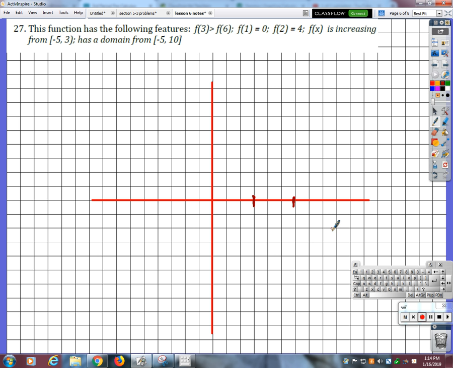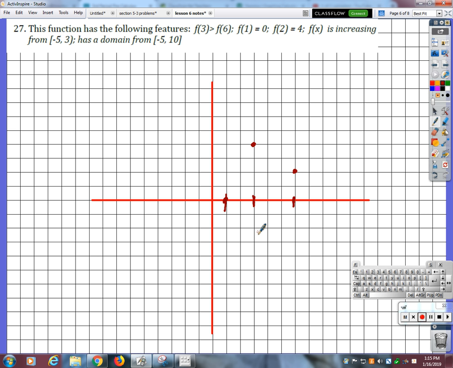So this means that the point that we plug in at 3 is above the point that we have at 6. I don't know if it's going to be exactly at those points. I just took Luis's advice and chose some random ones. We might have to move those to make it fit with the rest. All right, then it says f of 1 equals 0. What does that look like? Yep, 0 right there on the x-axis.